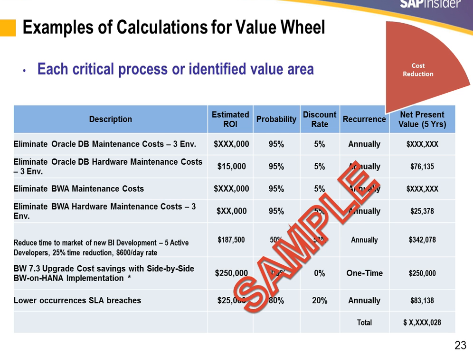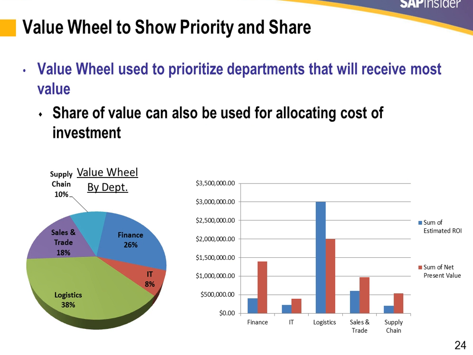Gotcha. Okay. Slide 24, and this is an example where you've illustrated the value wheel, and you've broken it down also in terms of departmental area, finance, IT, logistics. Tell us about that. Sure.